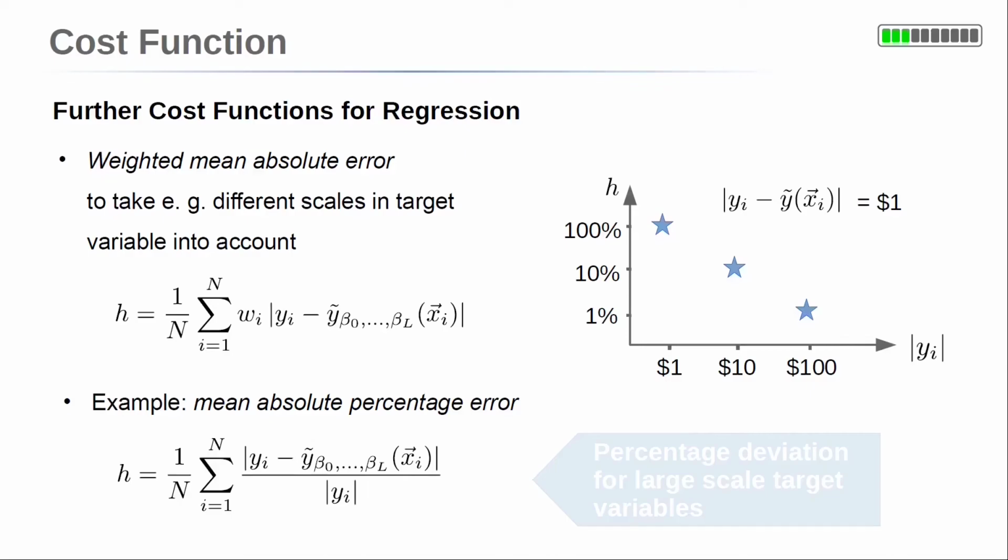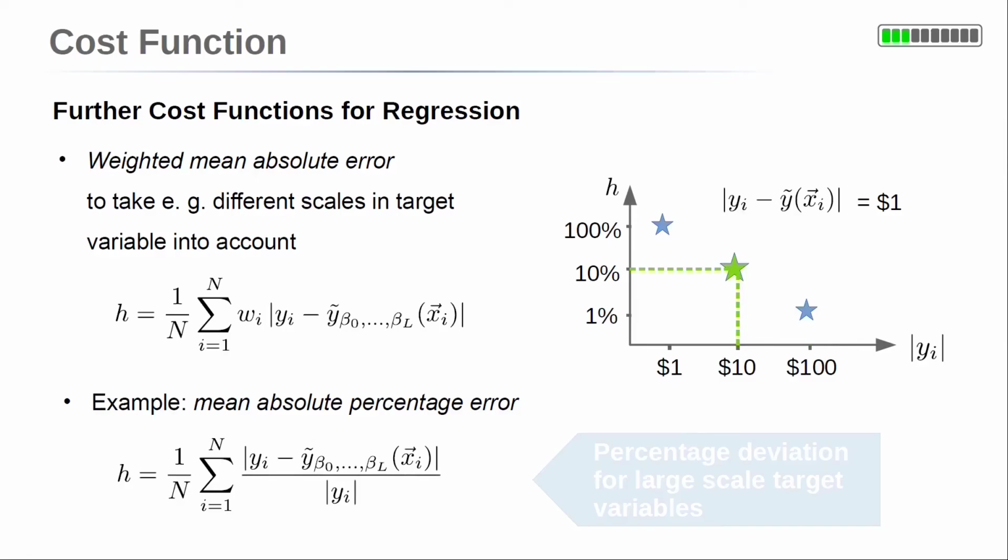For example, consider a price estimation. Let's say that the difference between model and data is $1. If the true value is $100, this means our model has a 1% error to the data. And exactly that is the error contribution to the cost function.